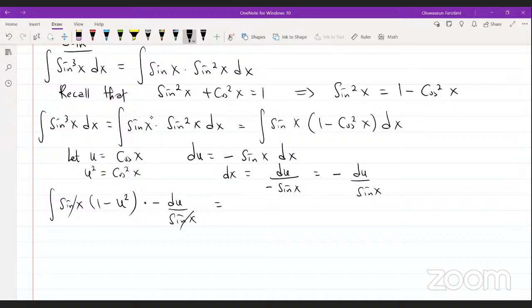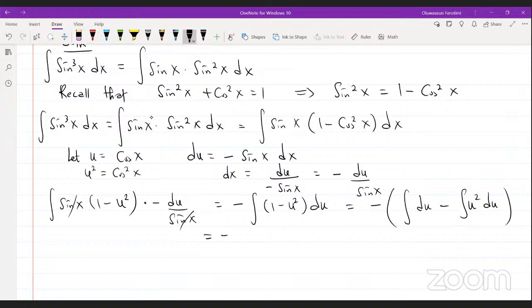So pretty much I have negative integral of 1 minus u squared du. This comes back to the basic indefinite integral. If you want to integrate this, of course you have a negative up front. If you split it up, you have the integral of du minus the integral of u squared du.